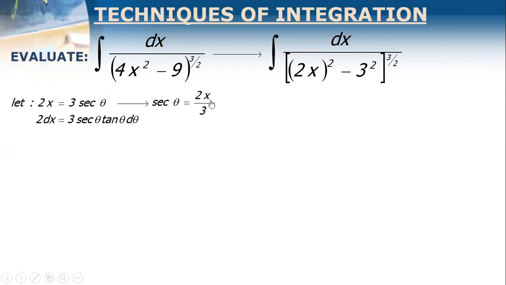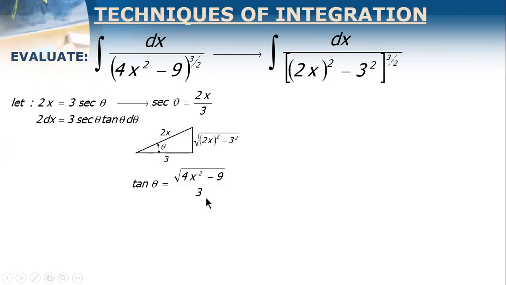So secant theta is 2x over 3. Draw the triangle: hypotenuse over adjacent, and the opposite side is this one. So we have tangent theta, and we'll get the expression of tangent theta: opposite over adjacent, cross multiply, we have this. So to substitute, okay.